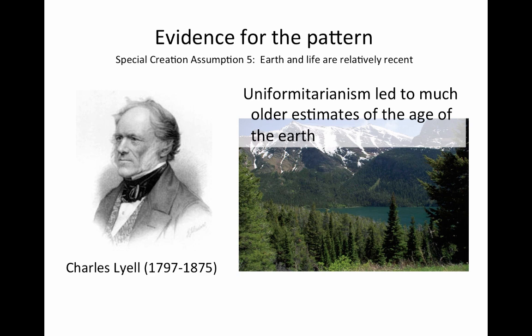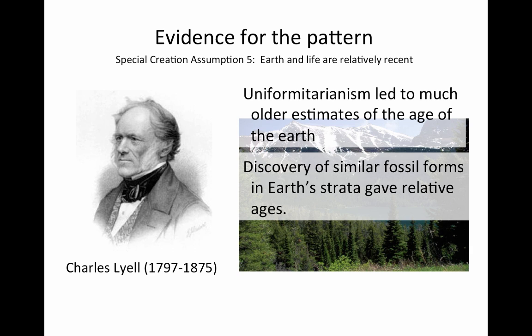The evidence for this begins with the idea of uniformitarianism, which led to much older estimates of the age of the Earth. Remember, if we're going to attribute the large geological features that we see in the world to very slow, gradual processes such as erosion and sedimentation, very long periods of time are required to explain the features that we see in terms of processes that we can observe in our own human lifetimes.